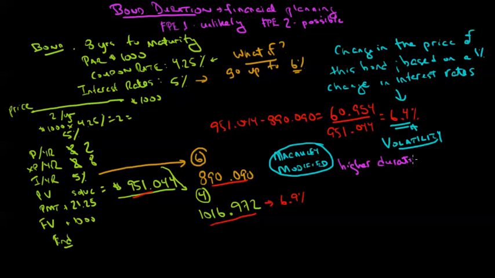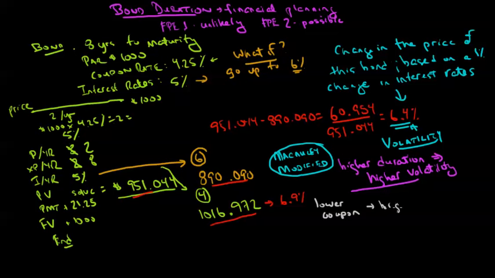And now that you kind of see how duration is calculated, you could run through all kinds of different bonds and measure this. There are some principles that we can apply here when we look at duration. In general, what you would see is that a bond with a lower coupon rate is going to be more sensitive to a change in interest rates.